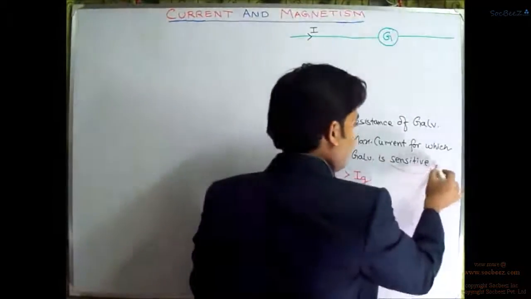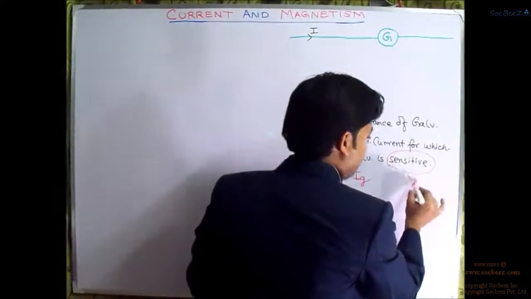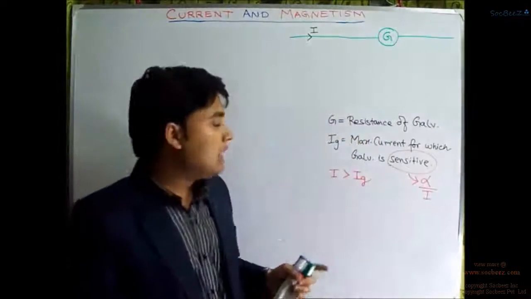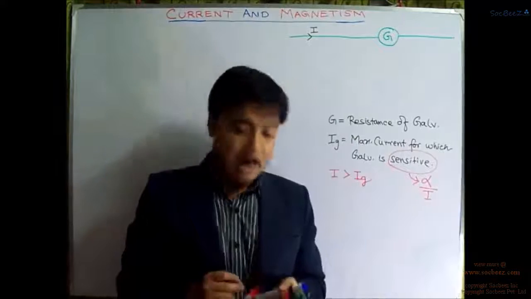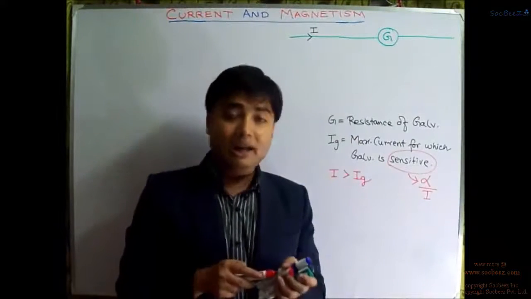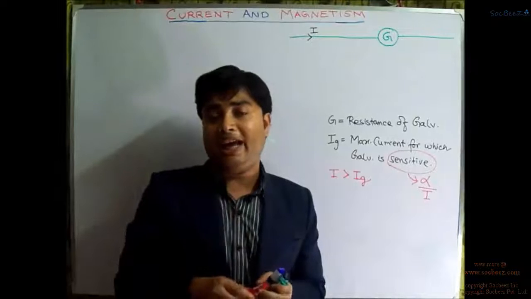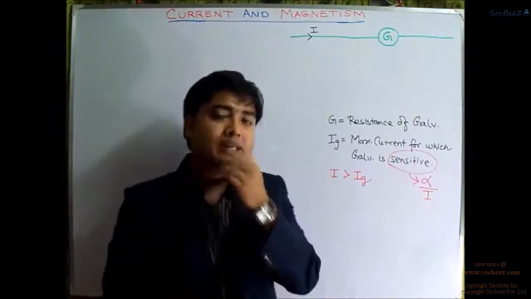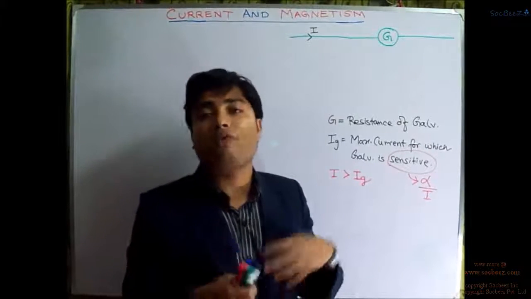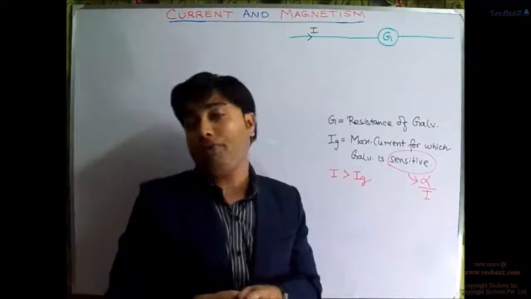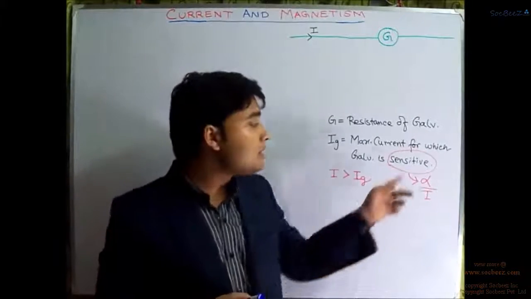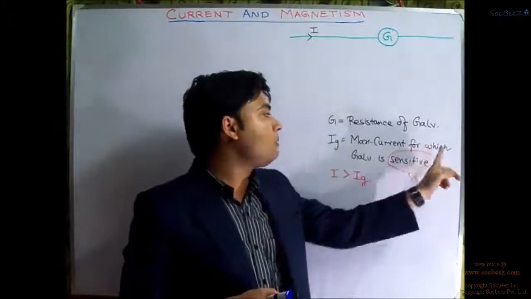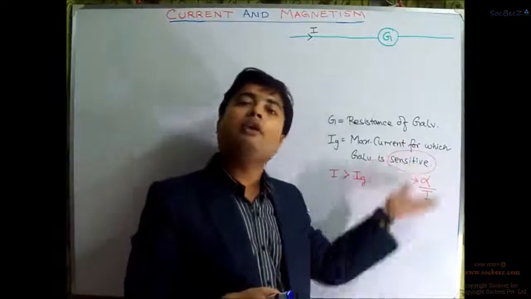This sensitivity, as we have seen, was equal to alpha divided by I, and we have seen the value of alpha divided by I was simply NBA divided by K. So if we are, say, reducing the values of N, B or A, or increasing the value of K, then the sensitivity shall decrease. Then only this Ig, the maximum current for which the galvanometer is sensitive, will go up.